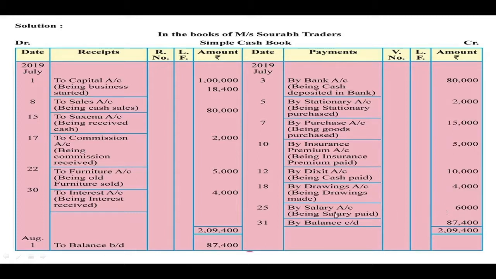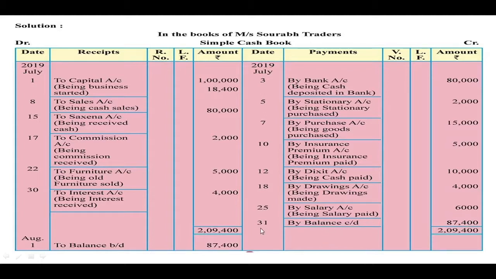You have to remember that till 25th July you had recorded the amount on the credit side. After subtracting all these amounts from the beginning till 6,000, the difference is 87,400. That is called the closing balance.